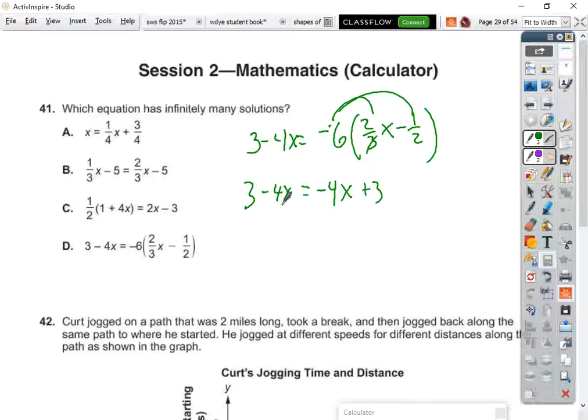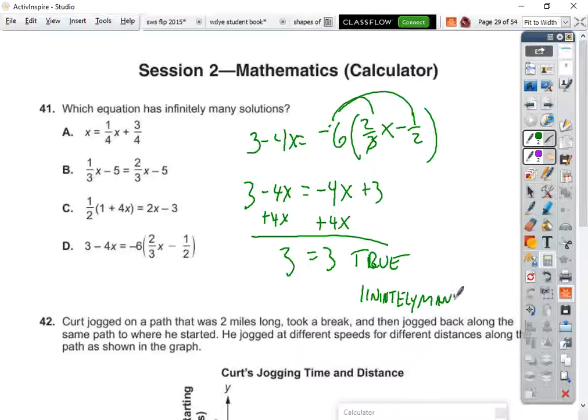And right now you can tell that you have the same equation. If I were to add 4x to both sides, I would get 3 is equal to 3. This is a true statement, which means they are the same line, or you have infinitely many solutions. And so D is our answer.